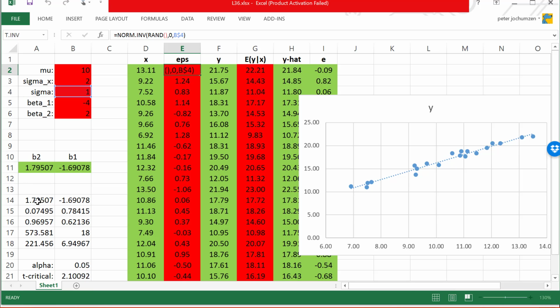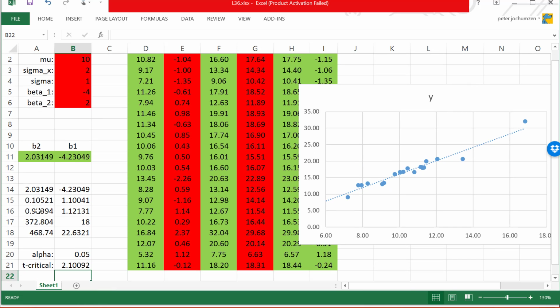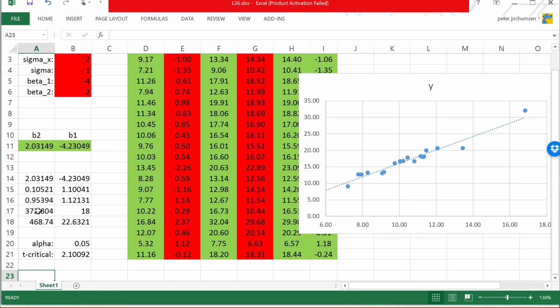I have here the B2, and here is the standard error of B2. So let's pick an arbitrary alpha such as 5%. So we will construct a 95% confidence interval. Then this is the critical value. So we are ready to calculate the confidence interval.